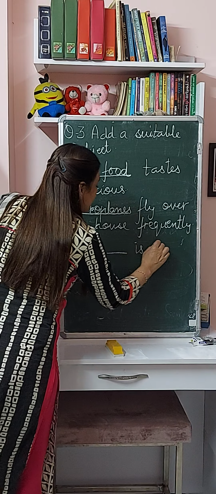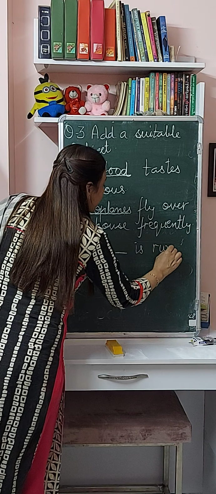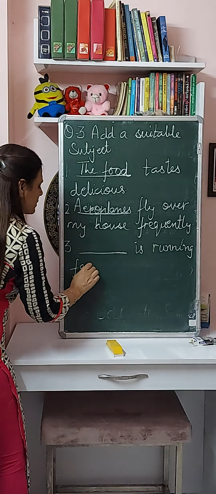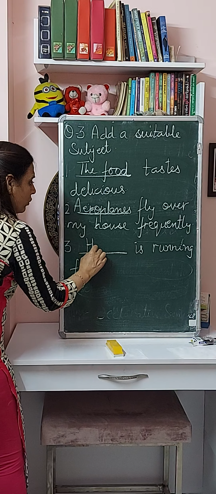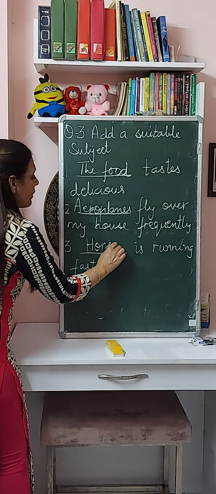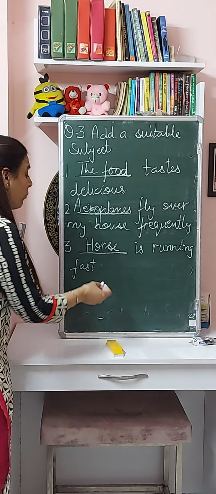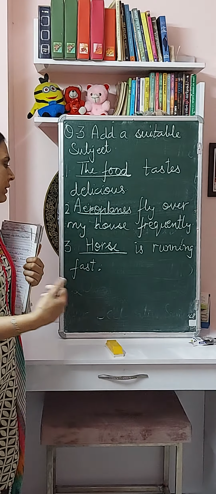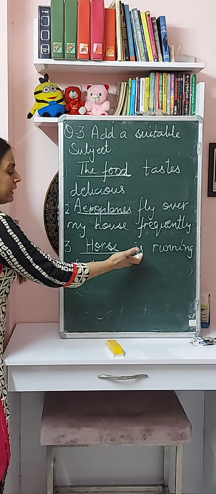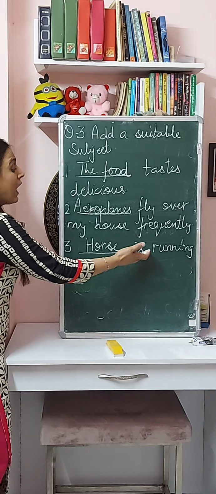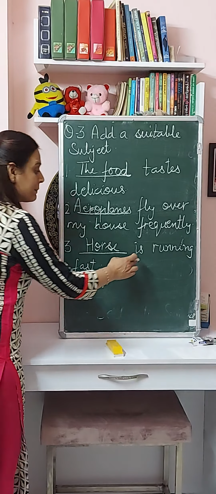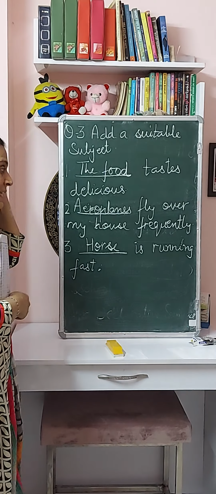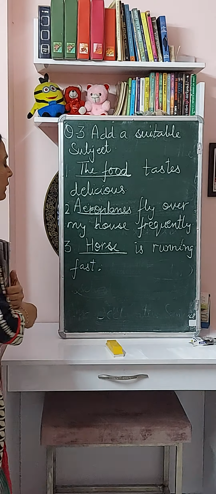Dash is running fast. So what runs fast? You can write horse is running fast. The boy is running fast. If it were children, it should have been the children are running fast. Here it is mentioned is, so we have to take a singular subject. The boy is running fast. Alright.